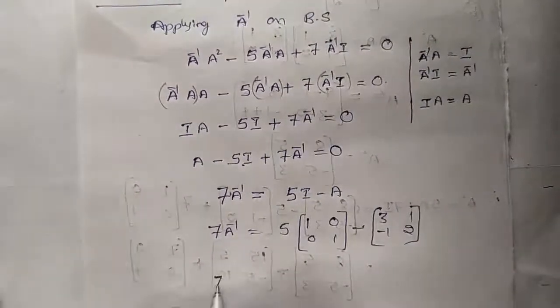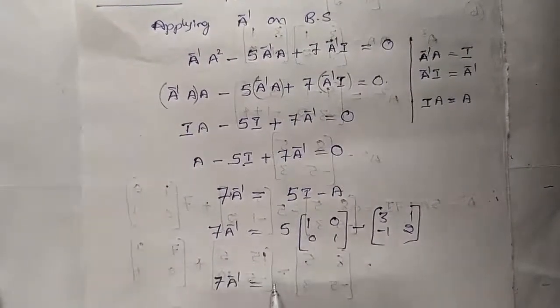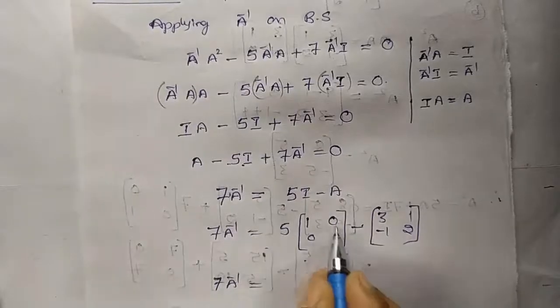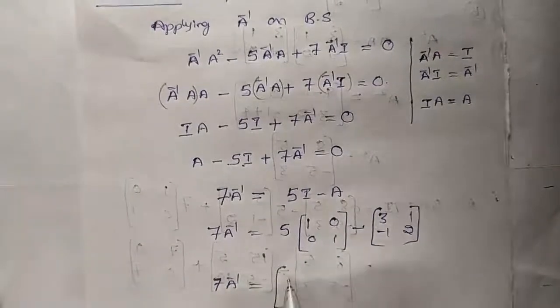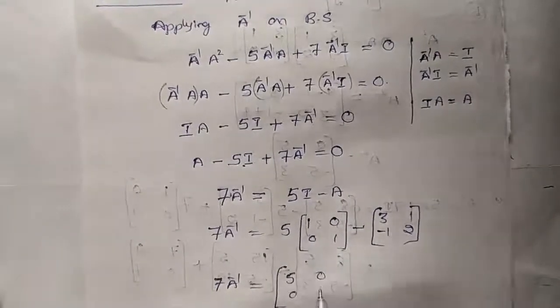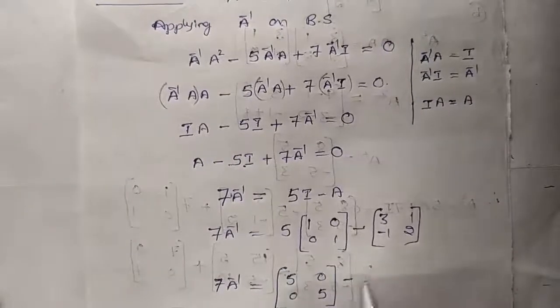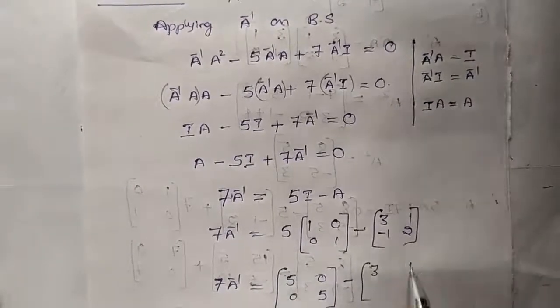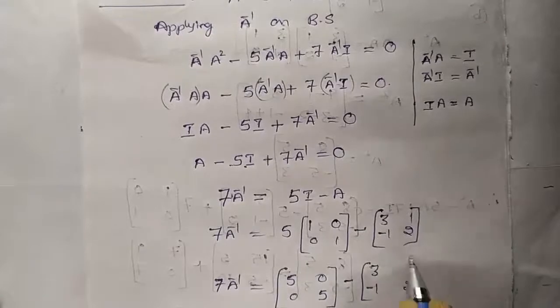Multiply this 5 inside the matrix. Then 5, 0, 0, 5 minus 3, 1, minus 1 and 2.